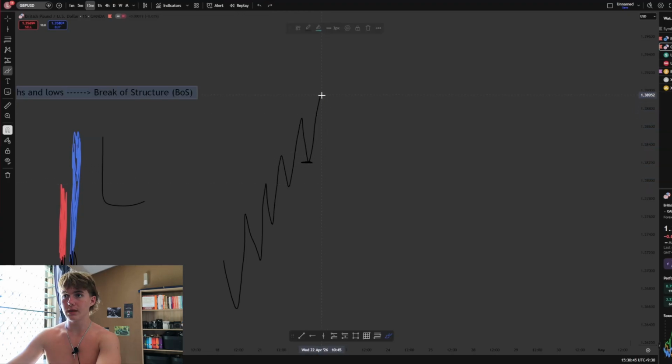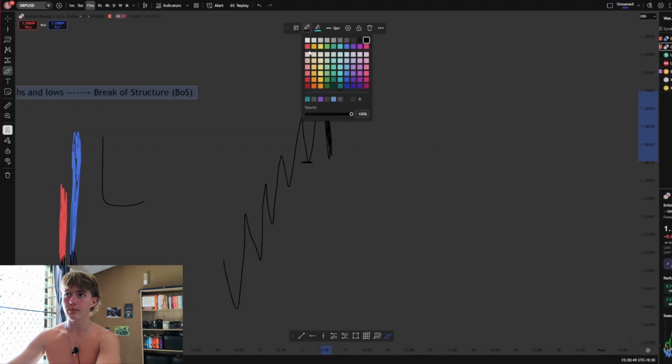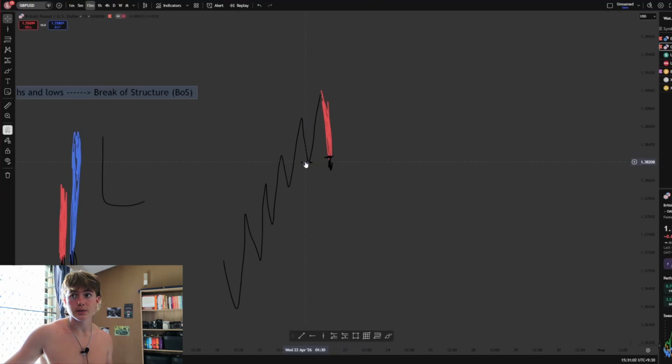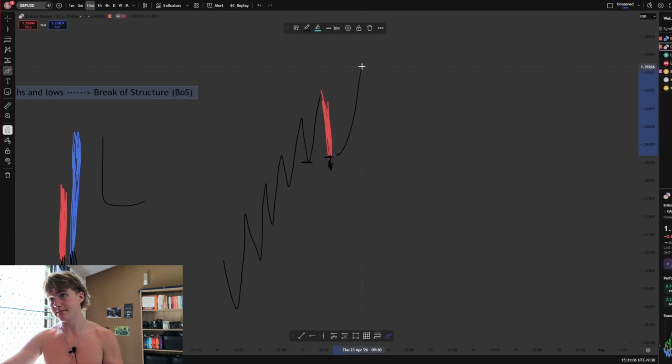That's the candle body, the most recent low. And then this is the wick. It went below it. But we didn't break structure, because that's basically just a liquidity sweep to go higher.